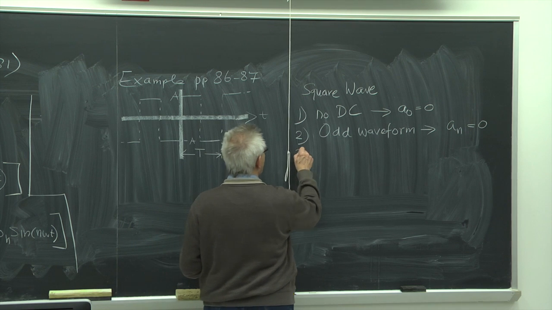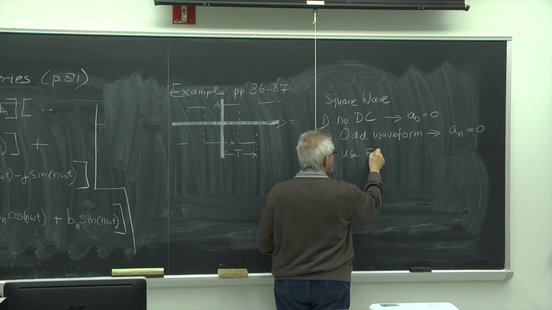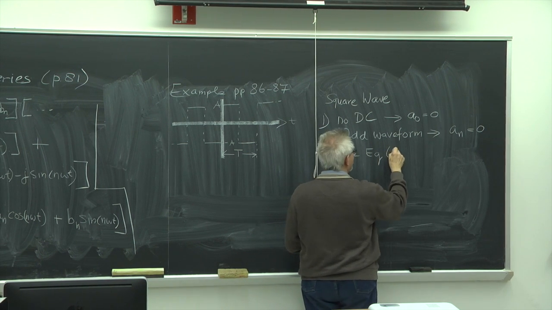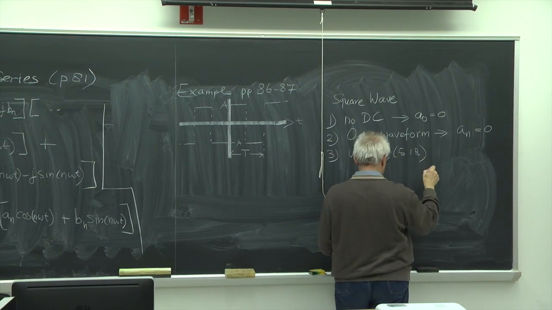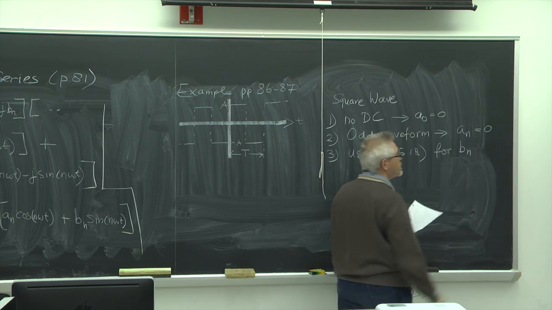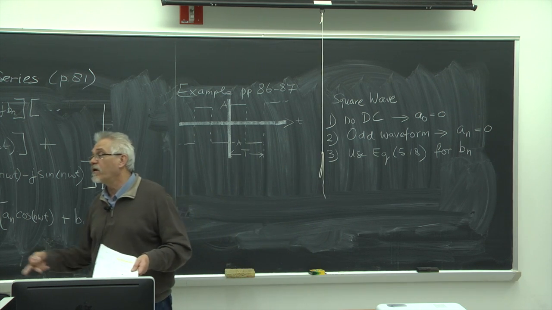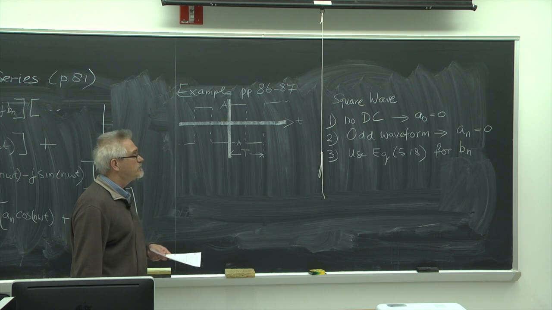And then the third thing is that we will now use equation 5.18 for establishing Bn, because since we have odd symmetry, of course, these terms do not all vanish.